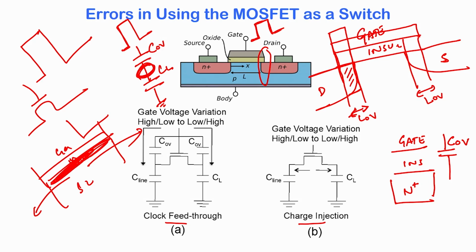So, this charge is like a little puddle of water, and the gate turning off is the child jumping in and pushing the puddle out of that place, and this little puddle of charge just moves to the source and drain electrodes.